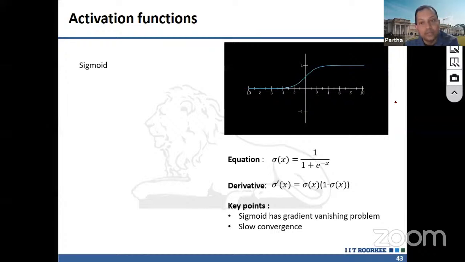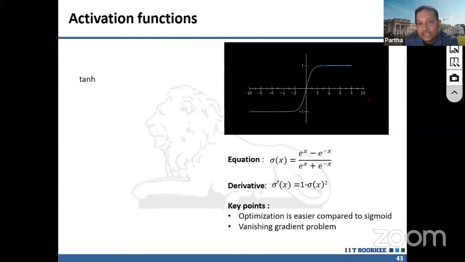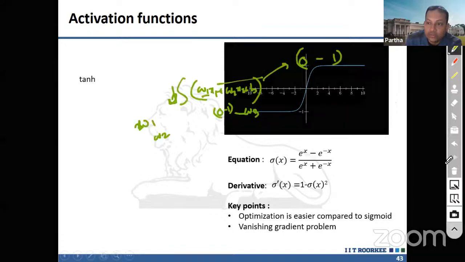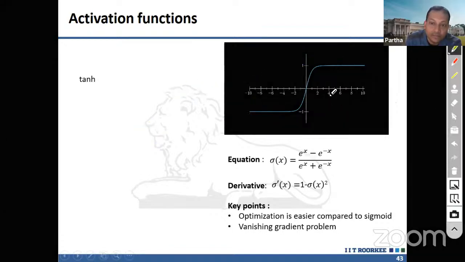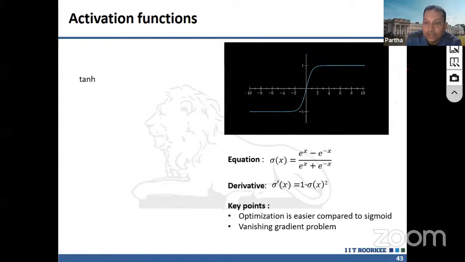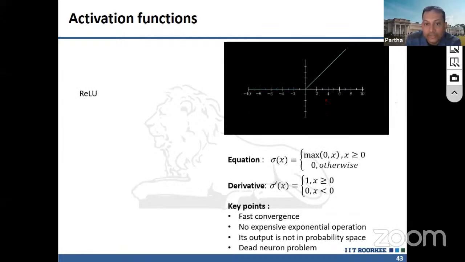We have the sigmoid, and tanh also does the same thing. These are popular activation functions which squeeze the summation data to a simple limited range. Sigmoid does it in 0 to 1. Tanh, using this formula, does it from minus 1 to 1. And then you have ReLU, the rectified linear unit.